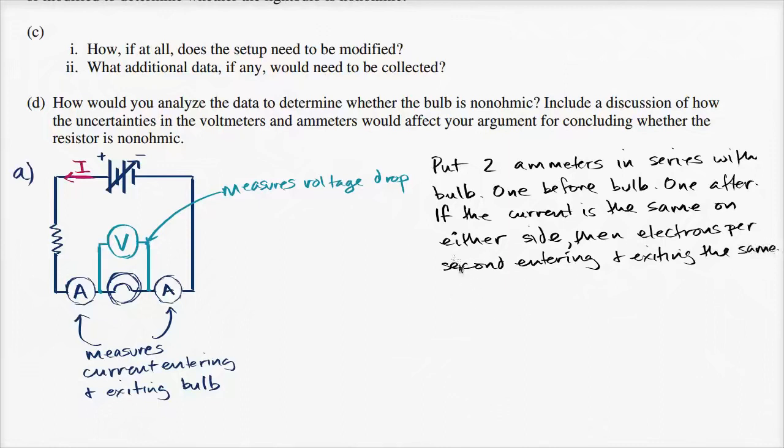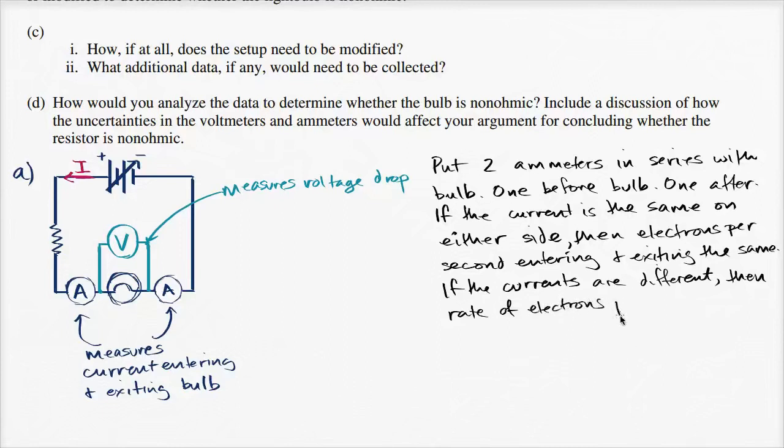If the currents are different, then the rate of electrons passing is different.